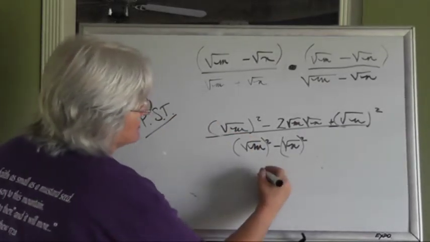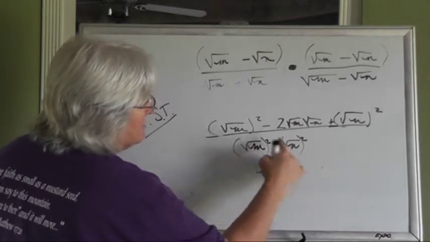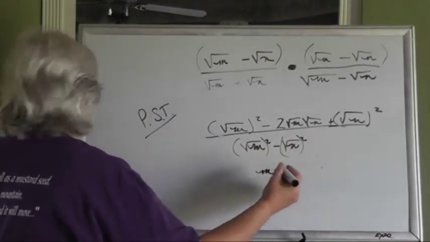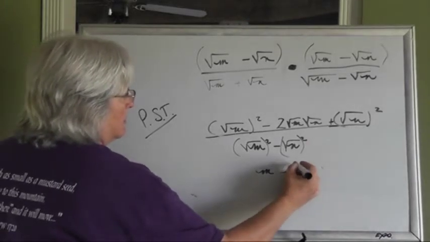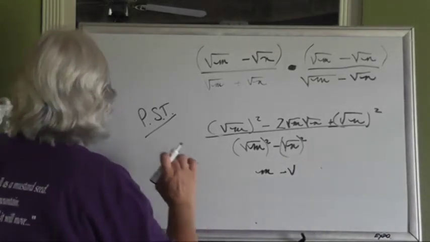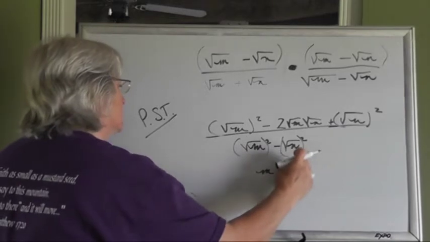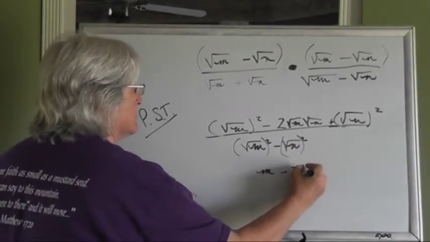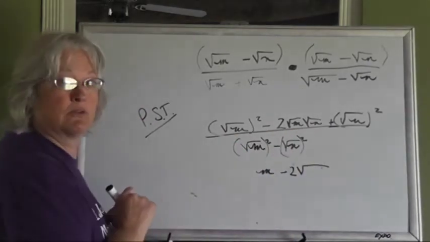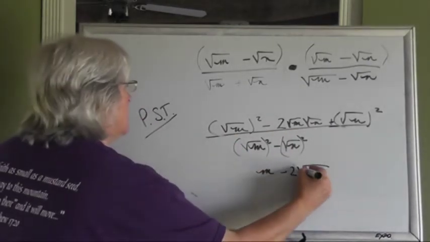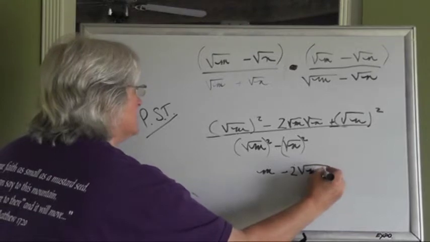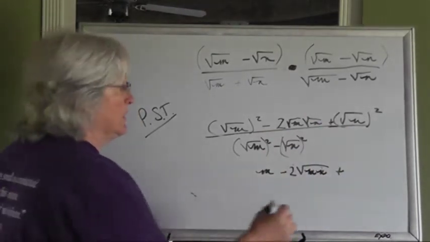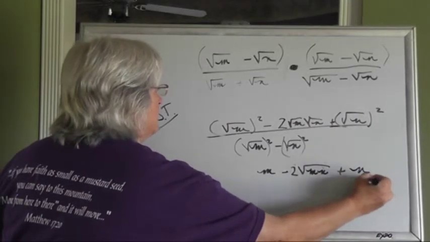The solution to that is simply m minus 2 times the square root of, we use our product rule here for radicals, m times n plus the square root of n squared is n.